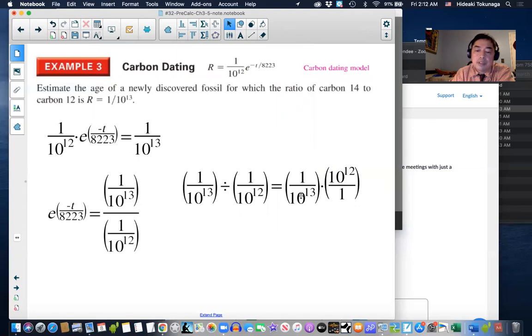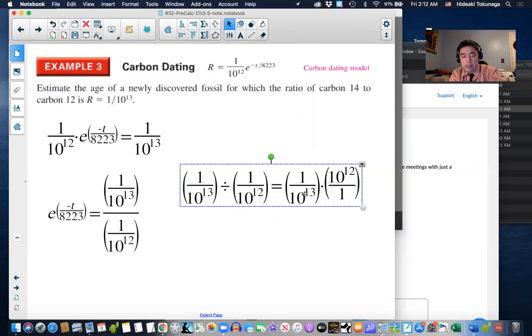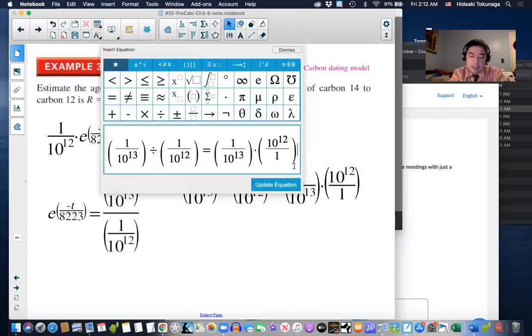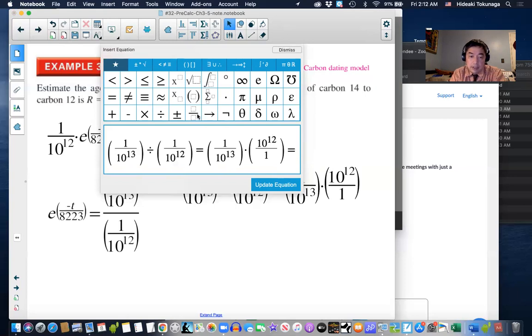Now, if you have exponents like this, you will cancel this, right? As a subtraction. So 13 minus 12 is 1. So 10 to the first power is going to be the denominator, which is 10, and it cancels out to 1.